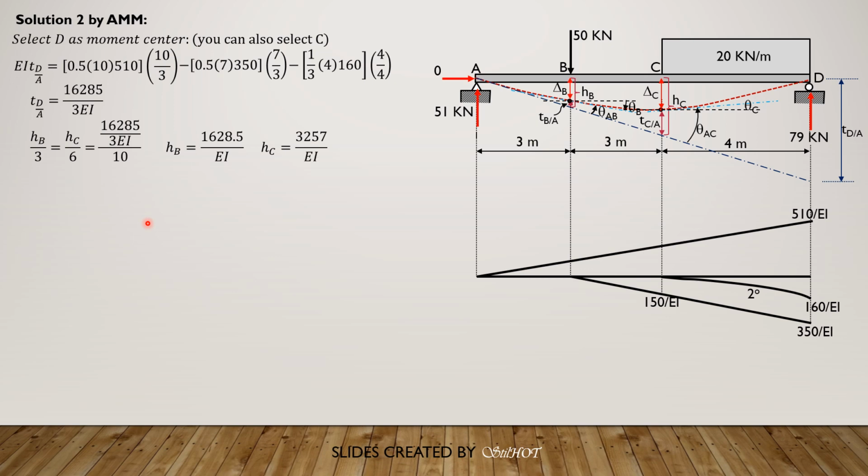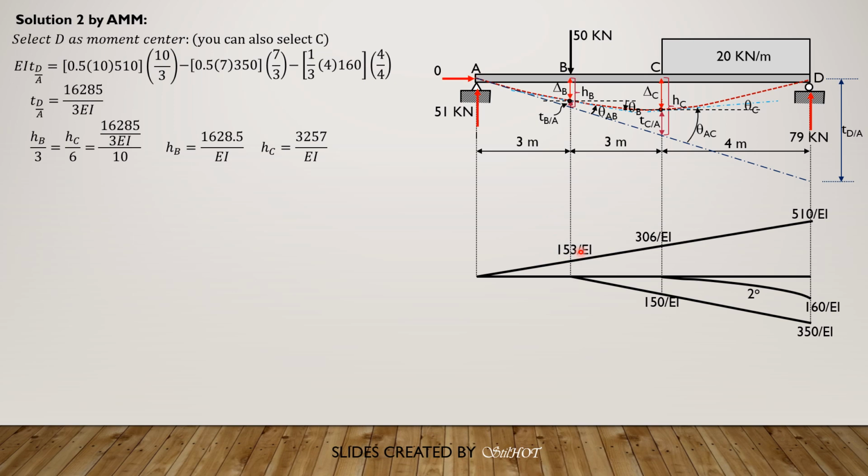Then H sub C is equal to 3257 over EI. Take note that delta B is negative. If you just treat them as positive first, in the final calculation you just put a negative sign. Delta B plus the deviation of B relative to A equals H sub B. That should be the equation.